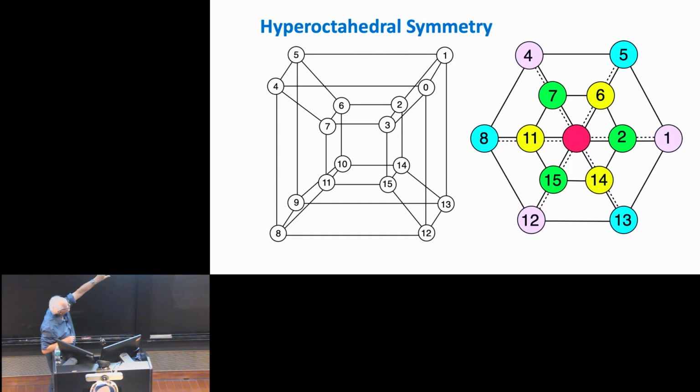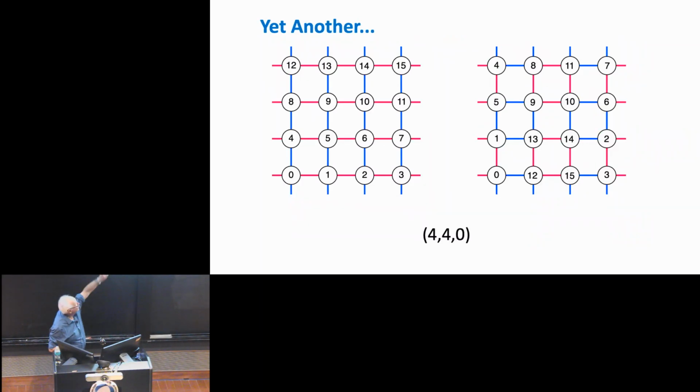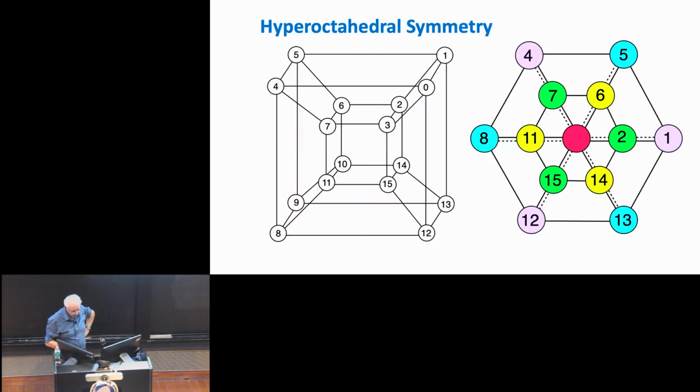So that's a picture of the quotient. Now if we look down the hypercube along a diagonal, that's the picture on the right, you see there is a 3-fold rotational symmetry. And that 3-fold rotational symmetry induces that transformation of the nodes. So that's where the hypercube is coming from.